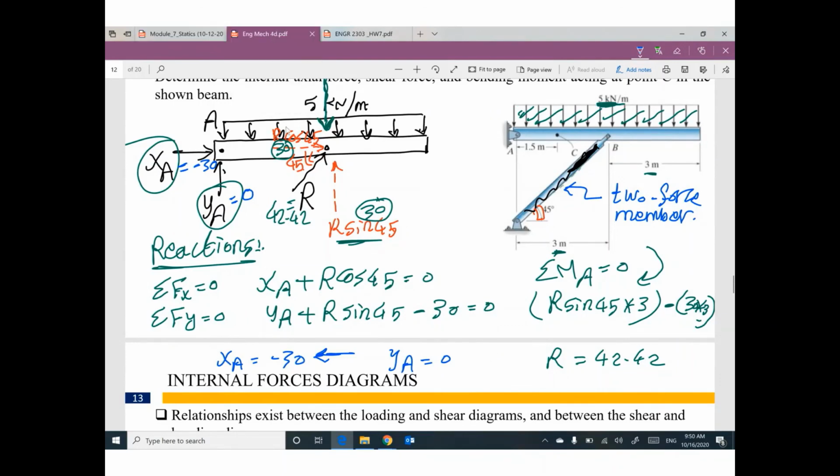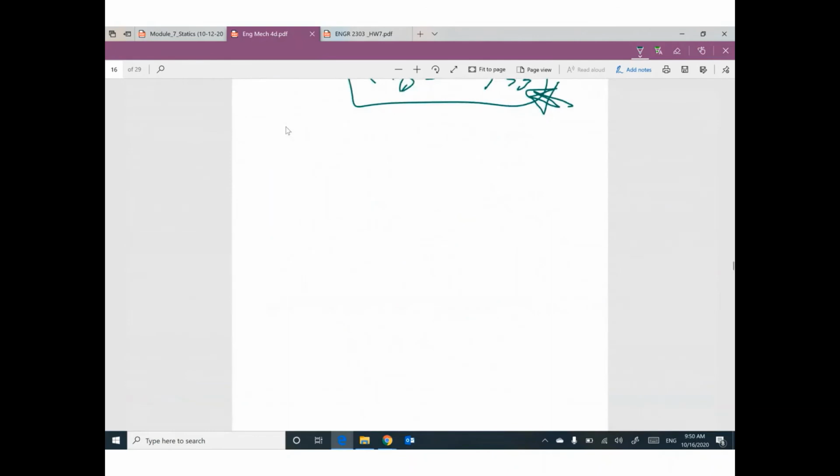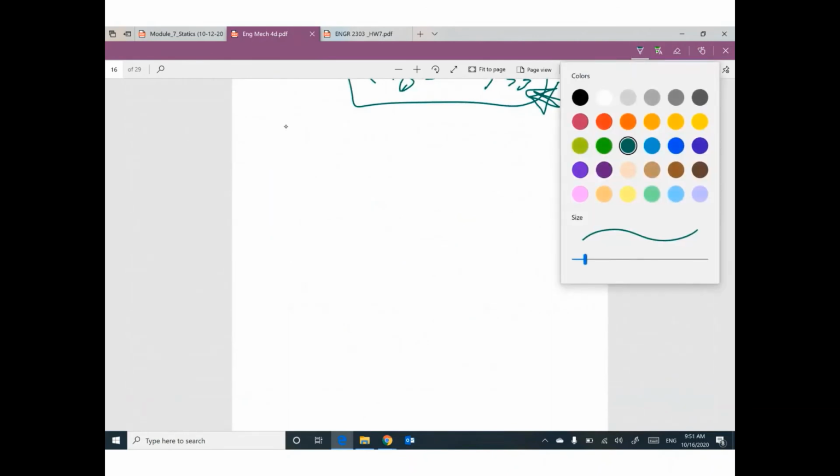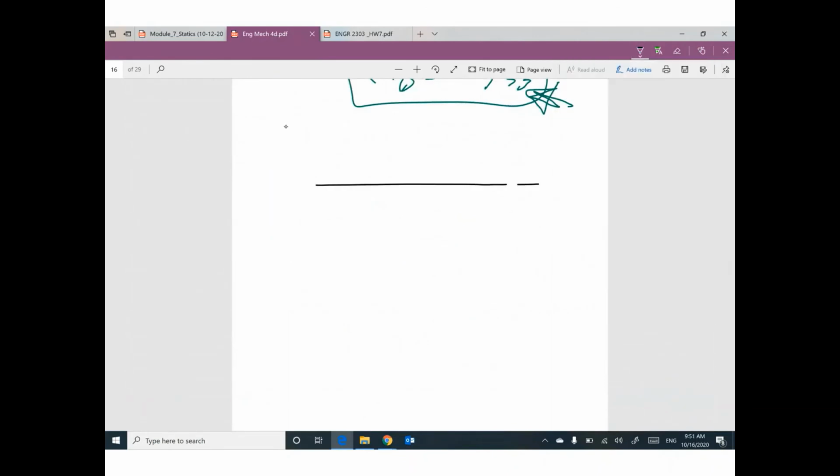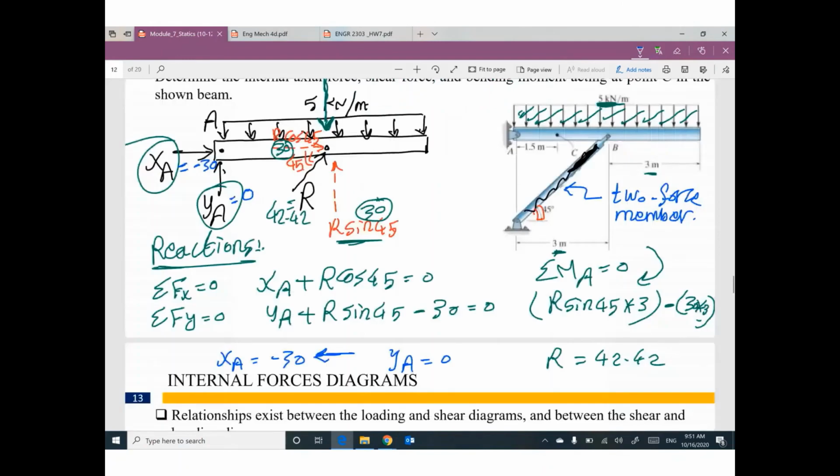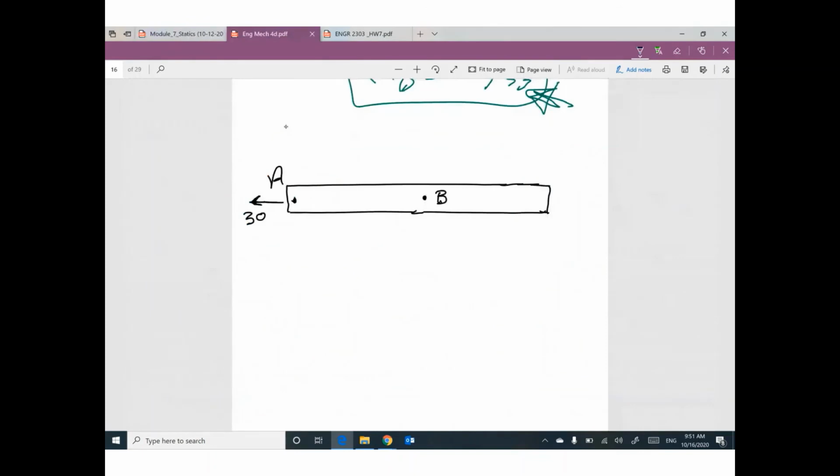So guys, here is the final conclusion for this beam. Here is point B. Here is point A. We have horizontal reaction like this, 30. You assumed it like this, and your answer is negative, so the correct direction must be like this. This reaction is 0.